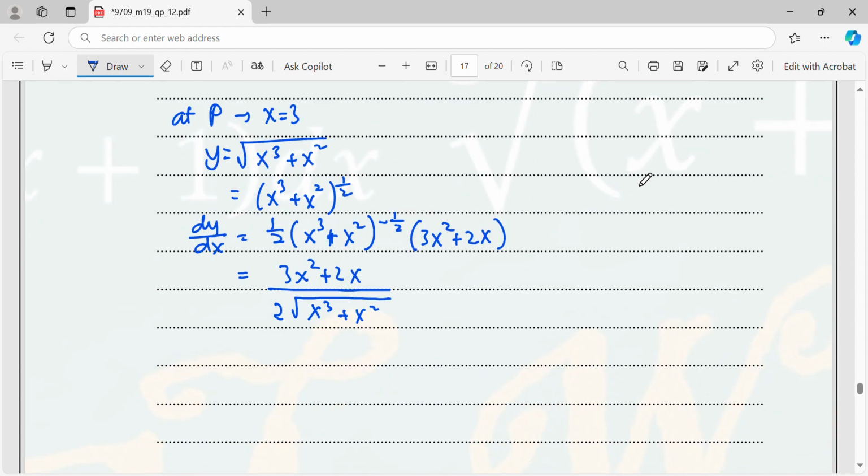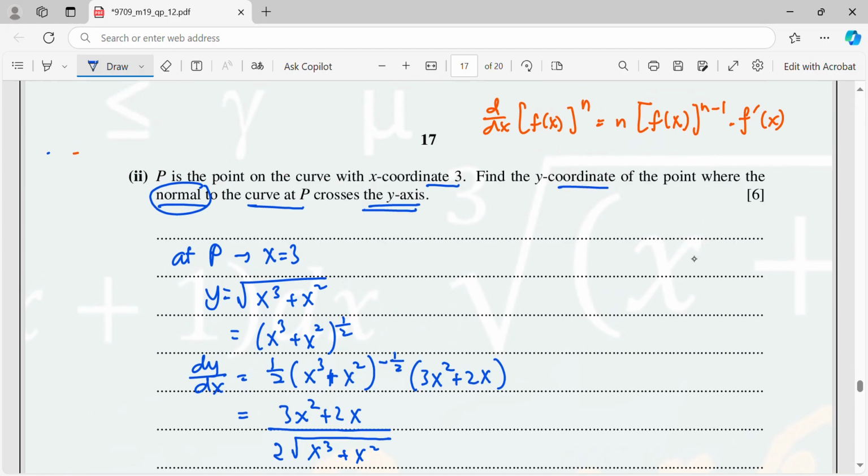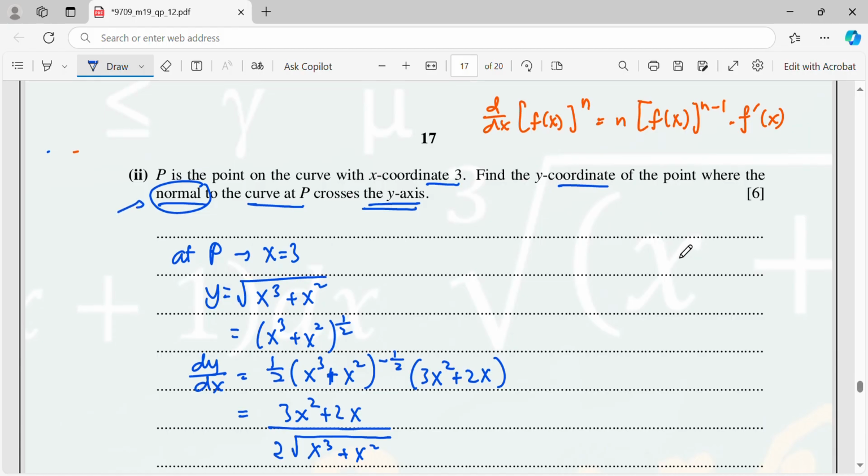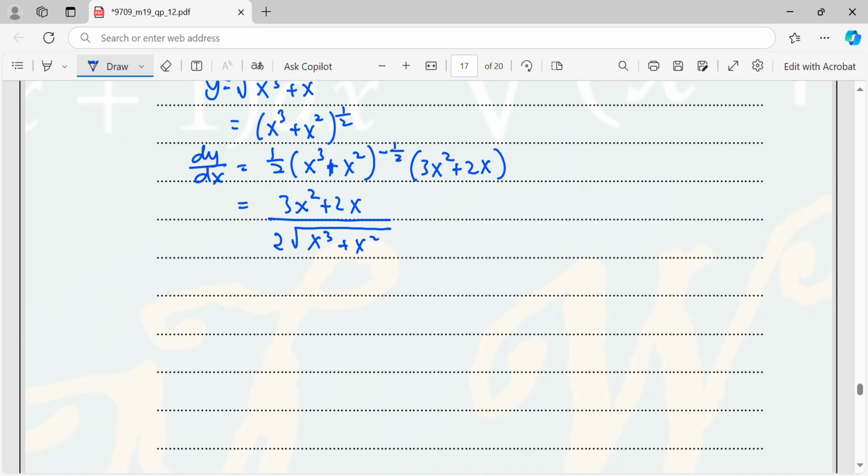Now, I need to find out what is my gradient of tangent at P before I get the normal, the gradient of the normal line equation. So I will write at P, x equals 3. So now my dy dx, this is the gradient of tangent at P. So replace the x value by 3 first. Then here 3 cubed plus 3 squared.